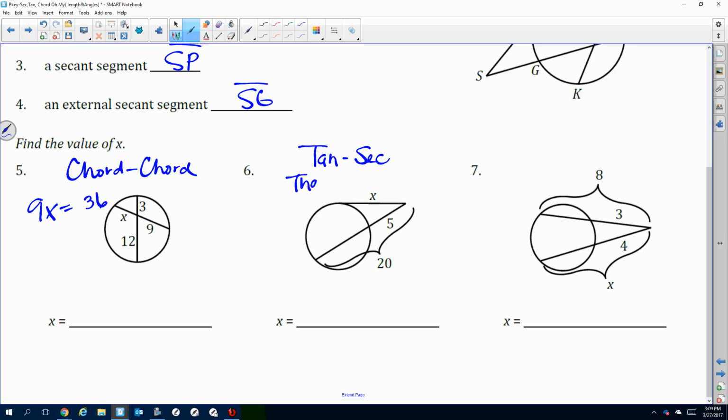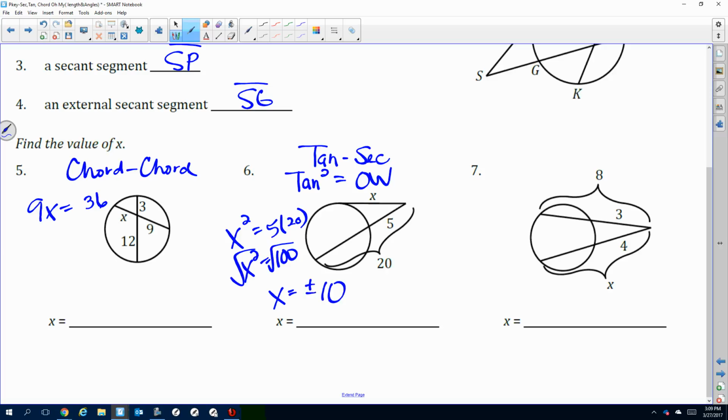You take the tangent and you square it, and that's going to equal the outside times the whole secant. So x squared equals 5 times 20. When you take the square root, x is equal to plus or minus 10.